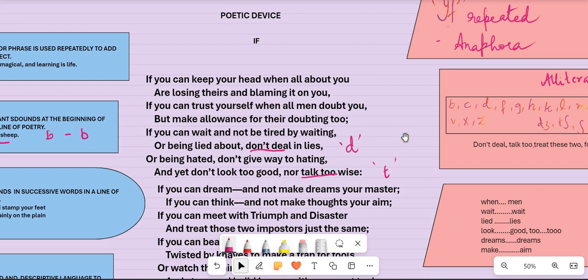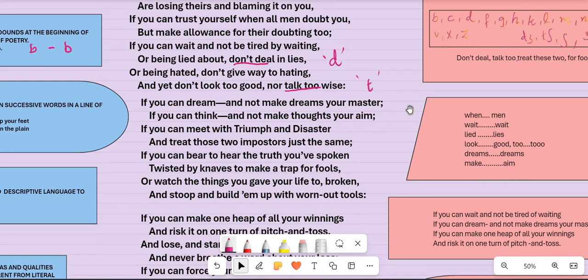Now take the line, treat these two. Where does it come? Take the second stanza and take this expression, treat and to. Those we can't take, because for the word those, the sound is th, right?